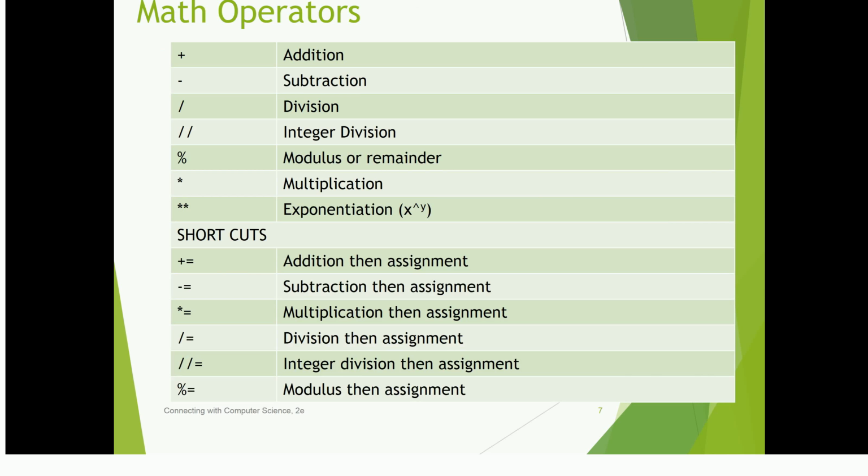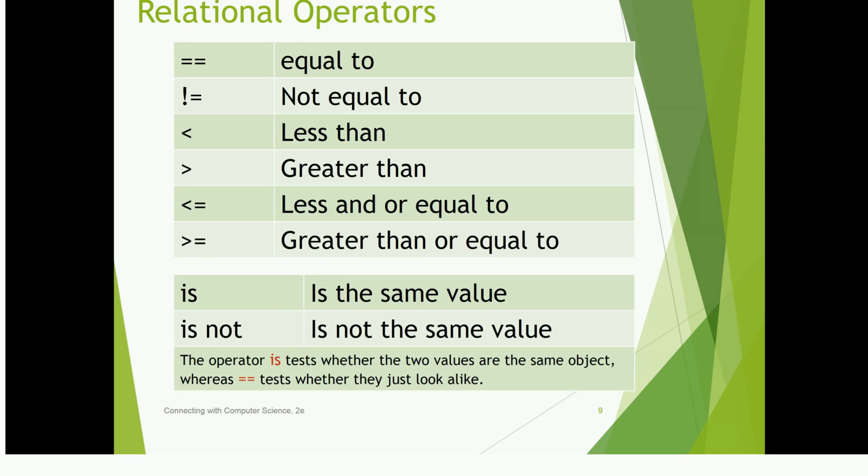We're also going to find out that every programming language also has a variety of math operators. Some of these you may be familiar with. Some of these you're probably not familiar with. We're going to experiment with different ones of these math operators when we start our programming. Every programming language also has relational operators: greater than, less than, greater than or equal to. Again, you're probably familiar with some of these, and some of these you're not familiar with.